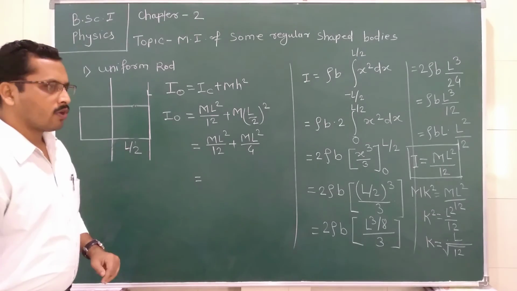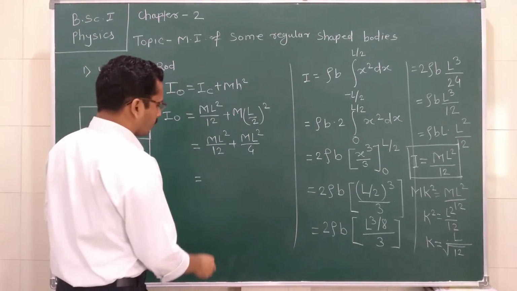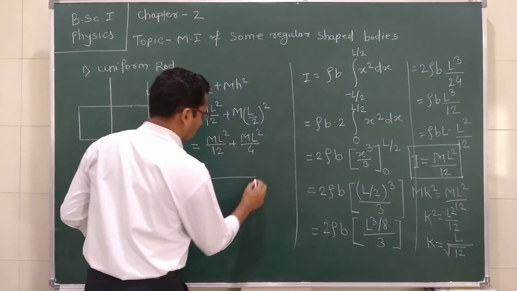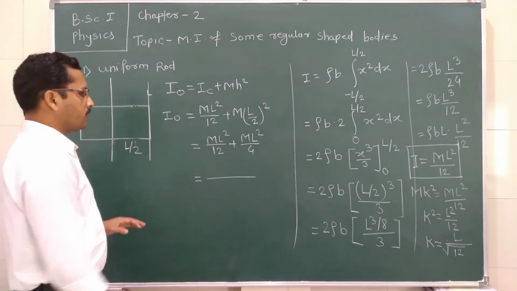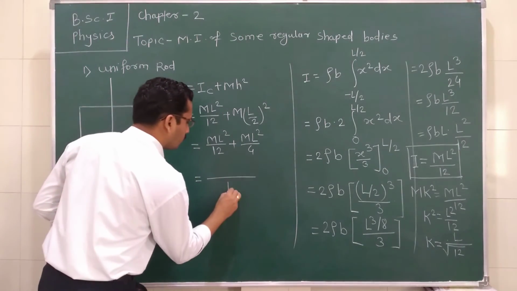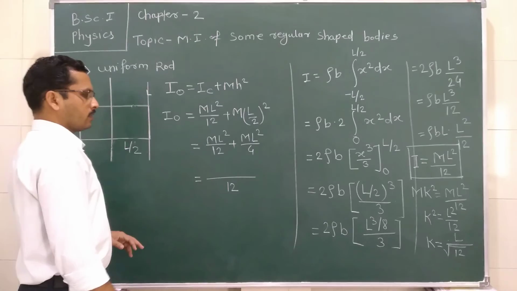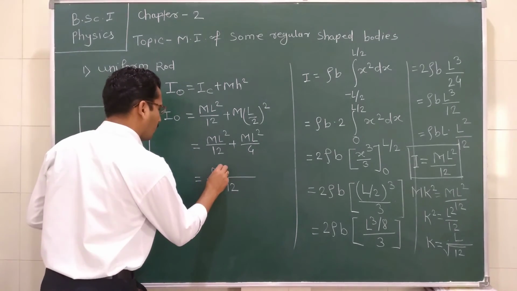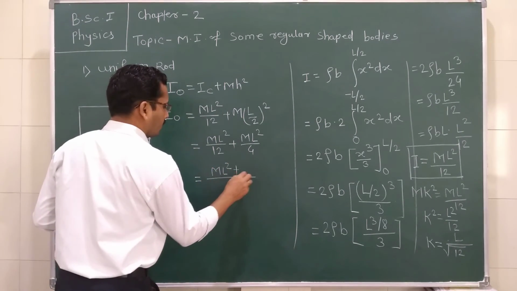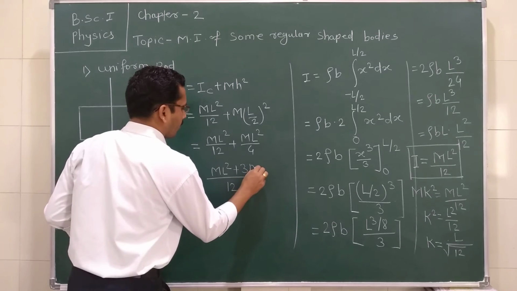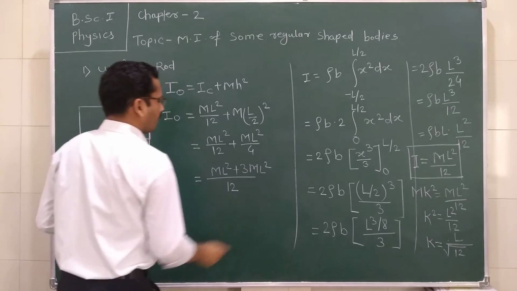So how can we solve this equation? We can solve this equation by taking the LCM. So what is the LCM of these two? It is equal to 12. So it is equal to ml square plus 3 ml square. Okay, so how much?